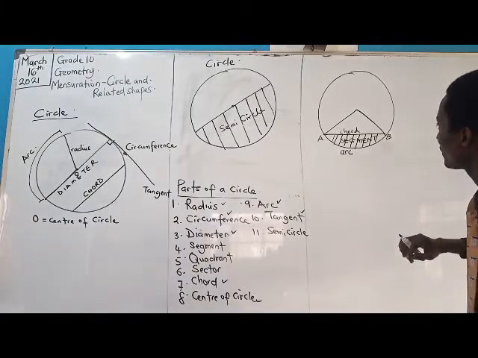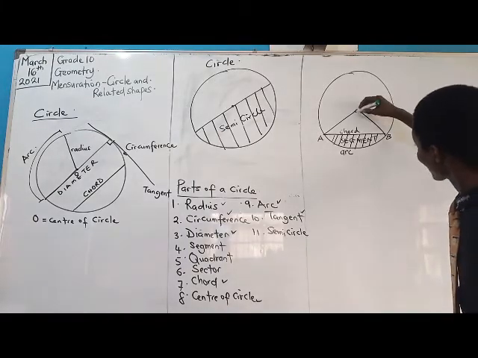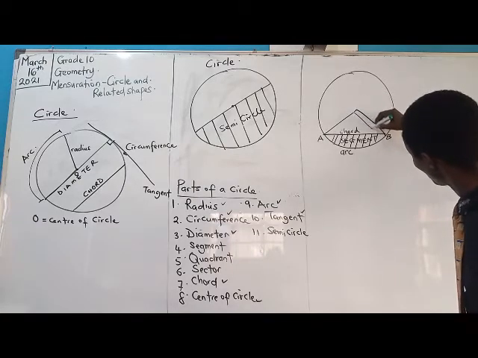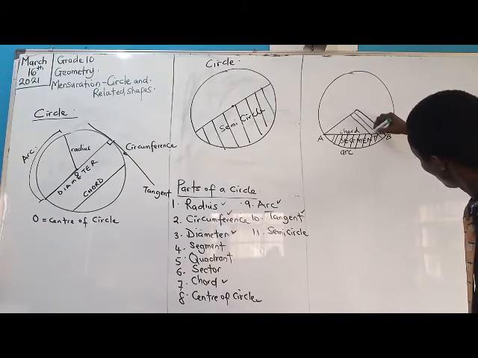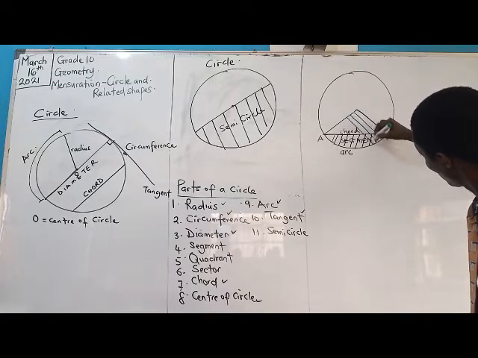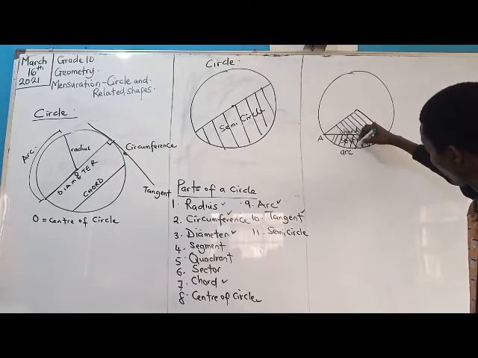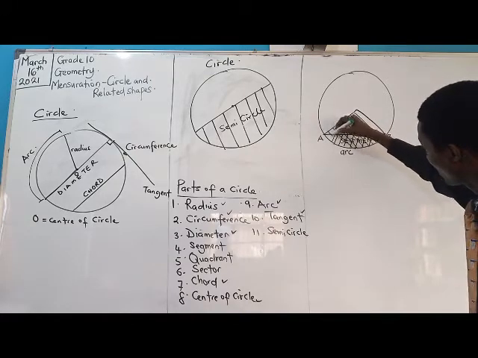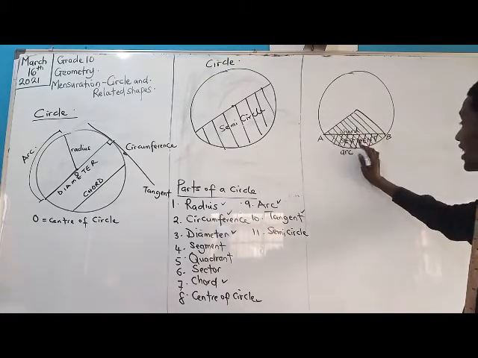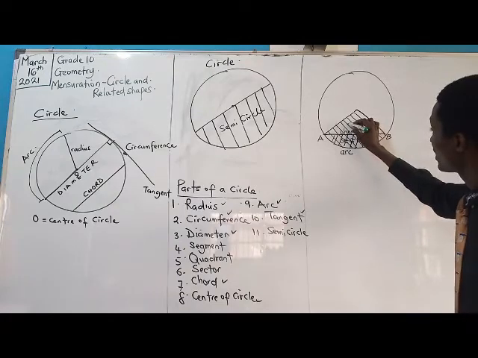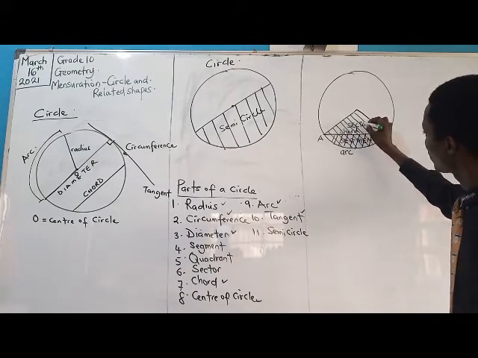Now, watch carefully. See what I'm going to do. That I have shaded in this manner. The whole of this region I shaded in this manner is what we call a sector.